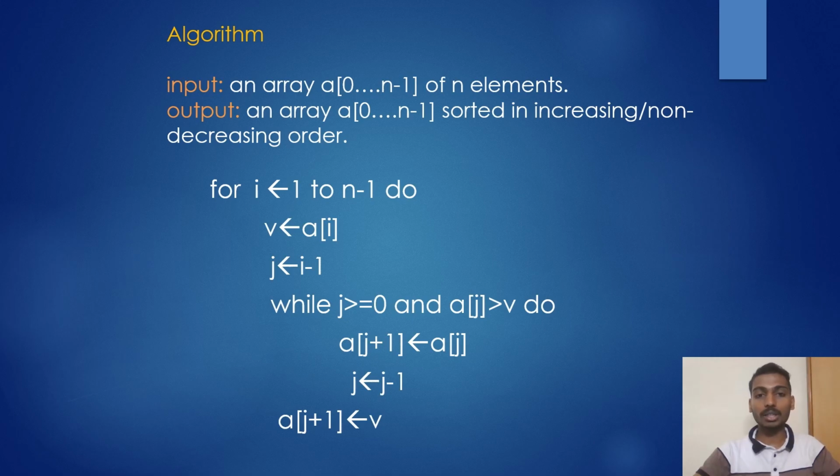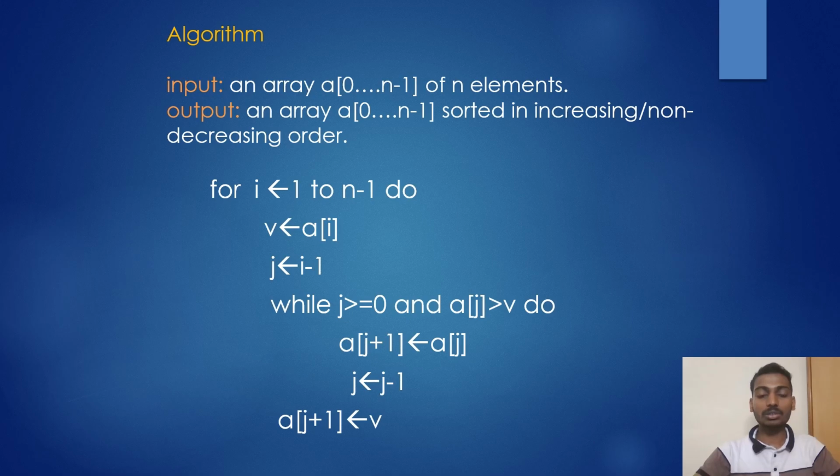Input: you have to take an array of n elements, indexed 0 to n minus 1. Output: the same elements in increasing or non-decreasing order. Then you apply a for loop, in which i is initialized to 1 and runs up to n minus 1, iteratively executing.